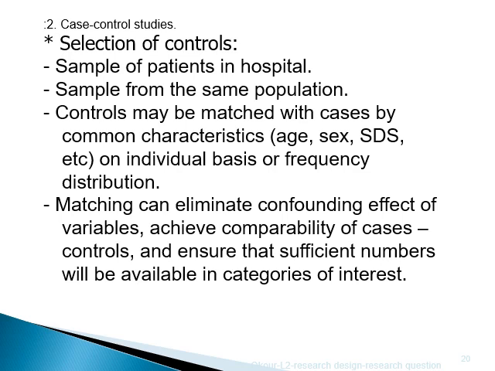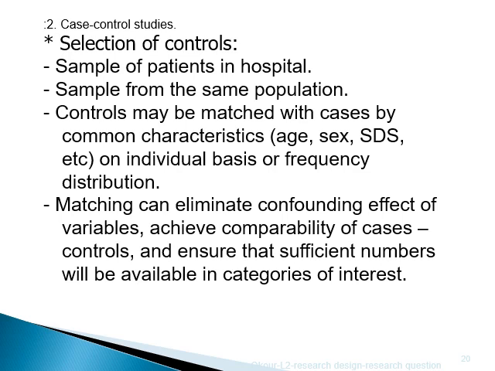Controls may be matched to cases. It means that if I take around 30 cases, I will get around 30 controls. So we match them by age, sex, and socio-demographic status.